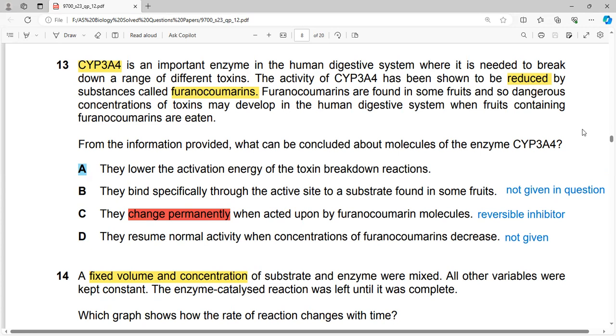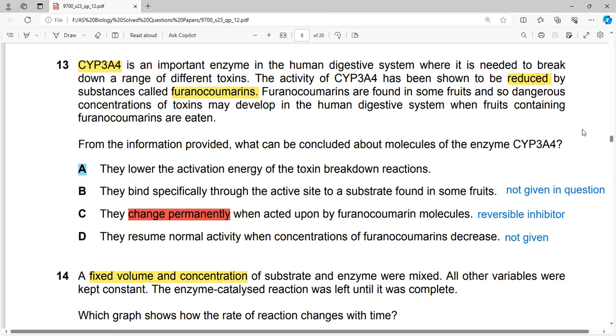It reduces the substance, so that is not a permanent change. What about D? They resume normal activity when the concentration of furanocoumarin decreases.